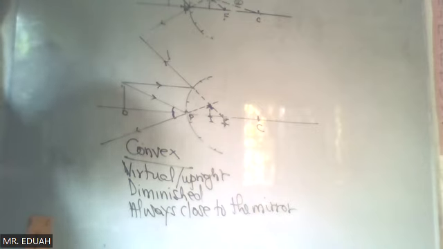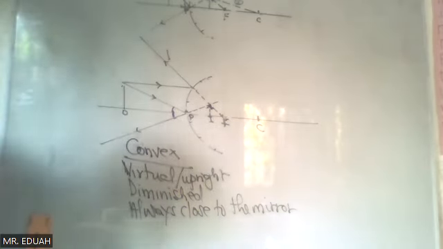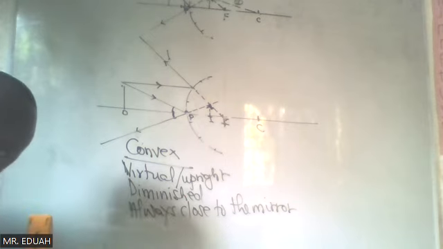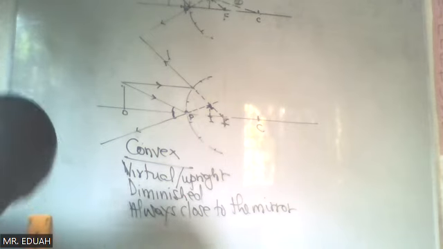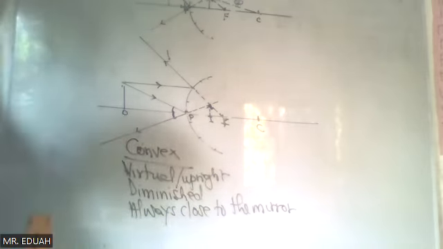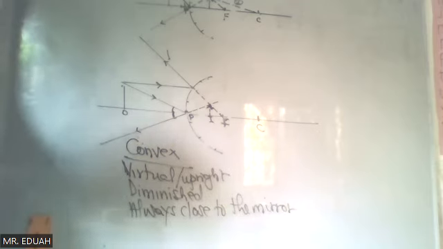Mr. Ejia, please, why didn't you draw the other line, like the one that passes through the C? The one from the object to C?